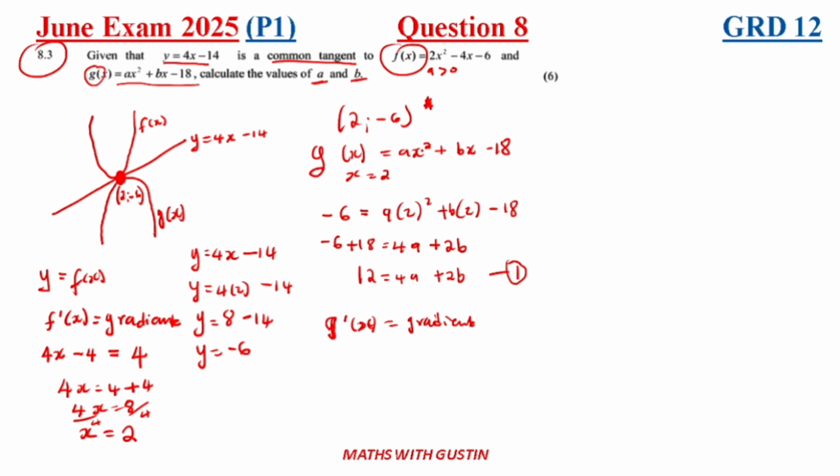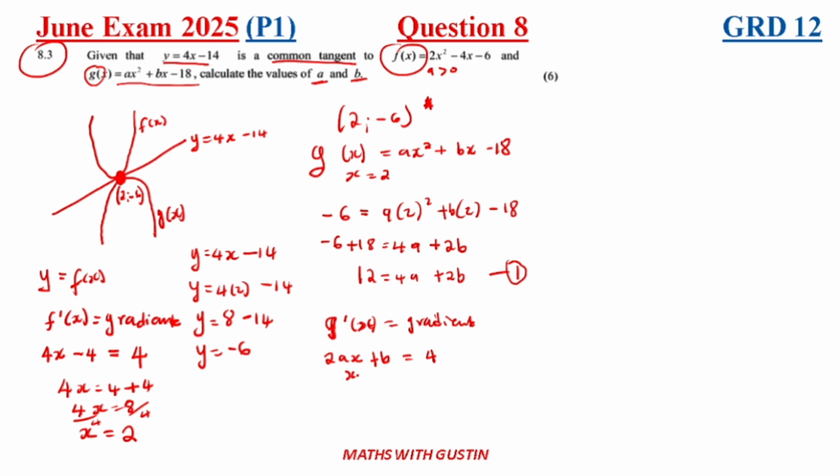So if we take the derivative there, it's going to give us 2ax, where you drop the exponent, plus b, and then it's equal to the gradient. However, you must remember that we're getting this gradient when our x value is equal to 2.